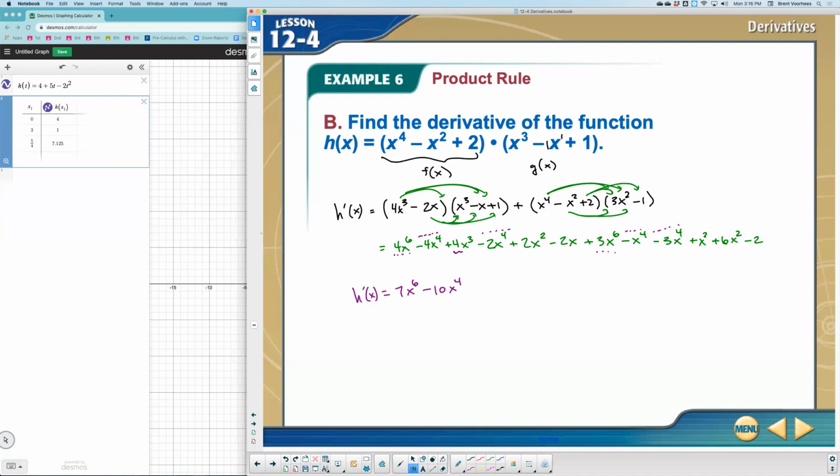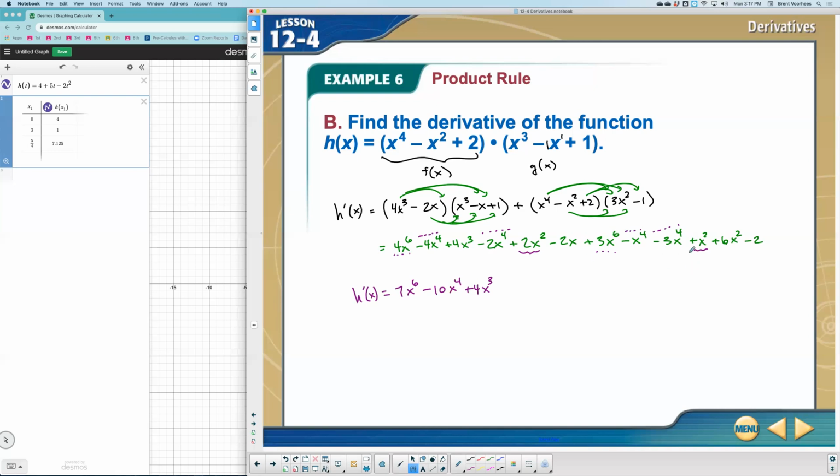Now let's go to the thirds. That's all I have, so I don't need to underline that. Plus 4x to the 3rd. I do have some squareds. I have a positive 2x squared here.